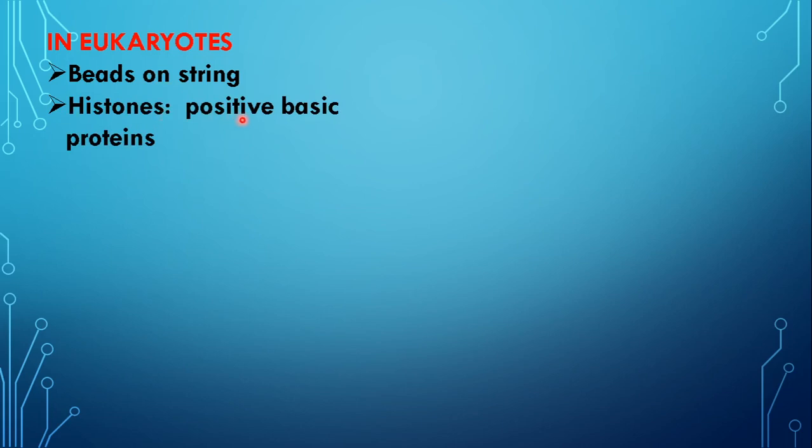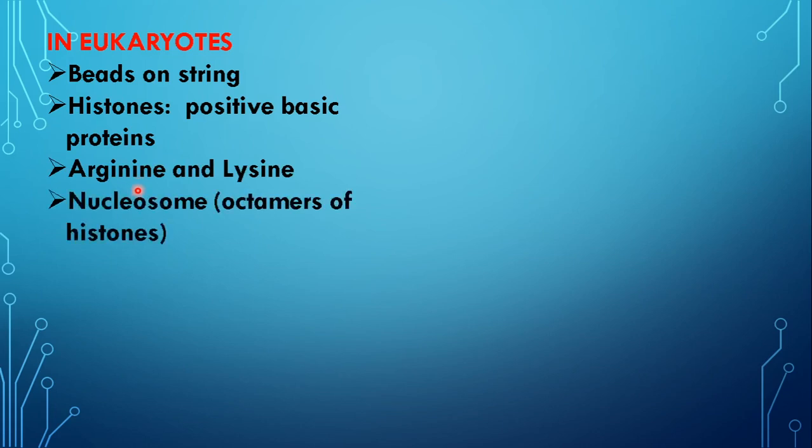Histones, as already mentioned, are positive basic proteins due to an abundance of the amino acids arginine and lysine. Due to their abundance, polypeptides are formed, that is, proteins are formed. Those proteins are positively charged and called histones. Eight histones come together, which we call an octamer.